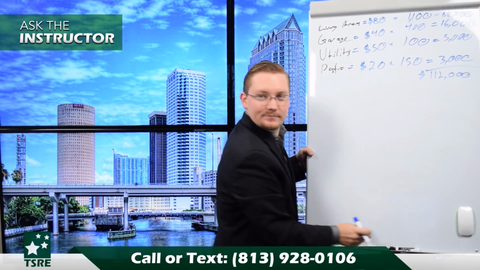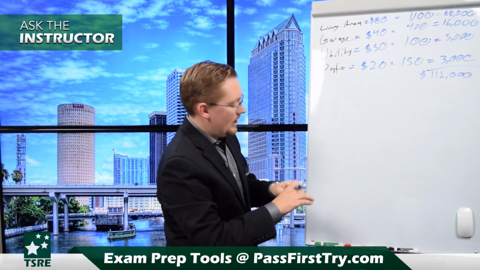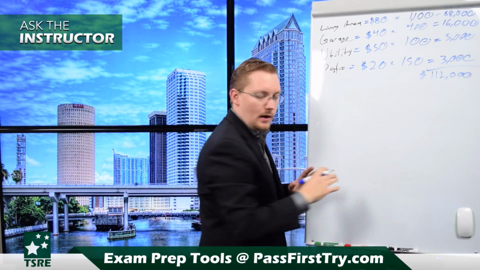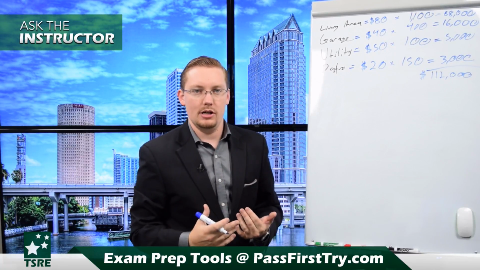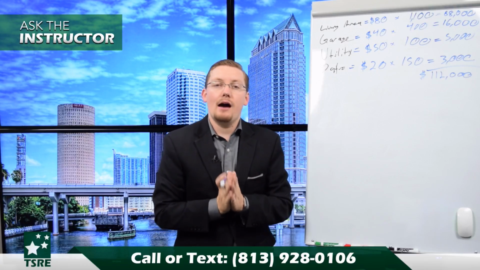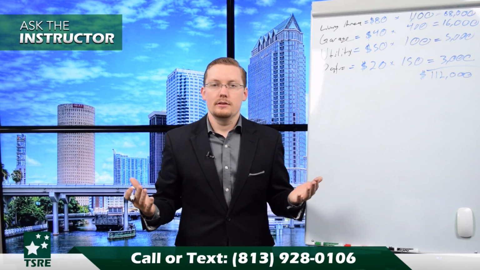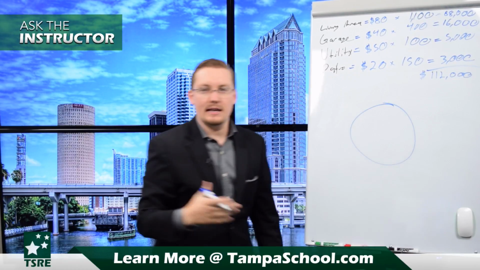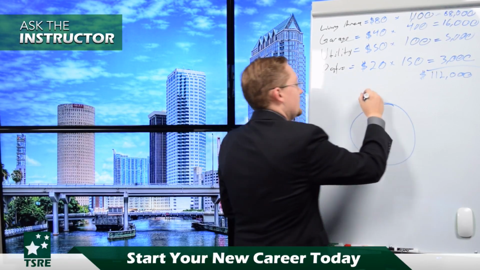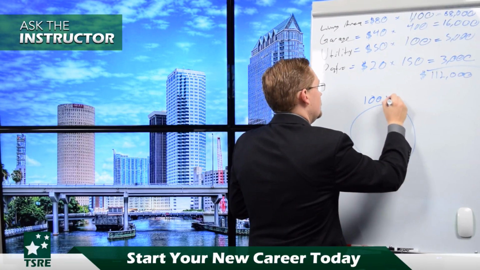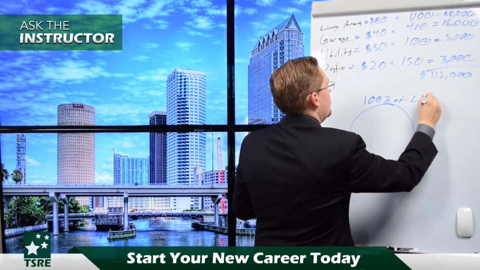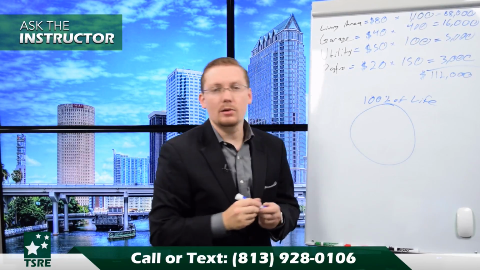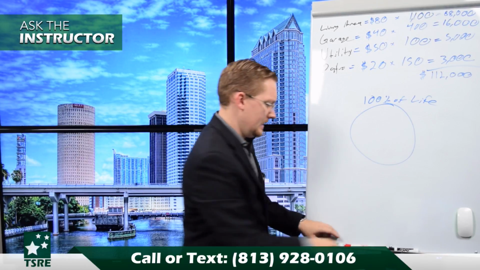Cool. So let's go ahead and break this down into our 2 numbers that we need to apply the depreciation. In order to figure out how much of a property is used, let's say we've got this little pie chart here that represents 100% of the life of the property. This is a little bit theoretical, so you'll have to stick with me on this.